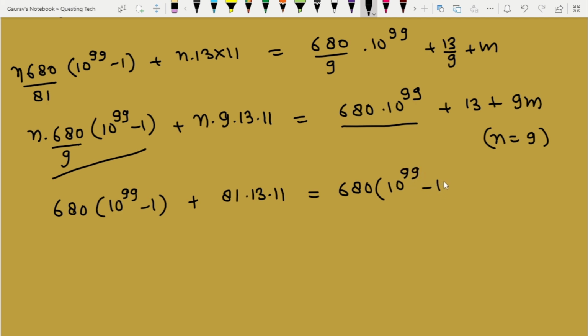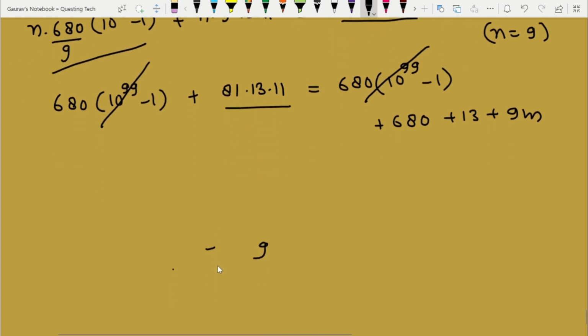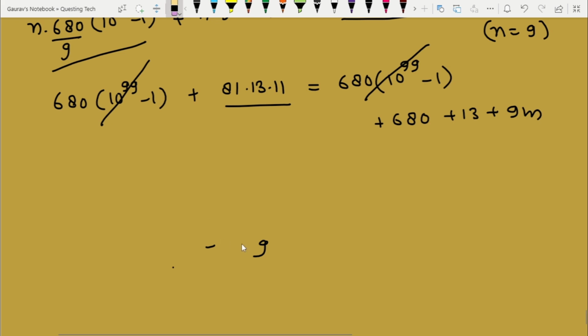If we do minus 1, we need to add 680 on the outside, plus 13 plus 9m, and now these two expressions cancel out. Yeah, this is good. So we need to multiply these three numbers. Let's write this down.